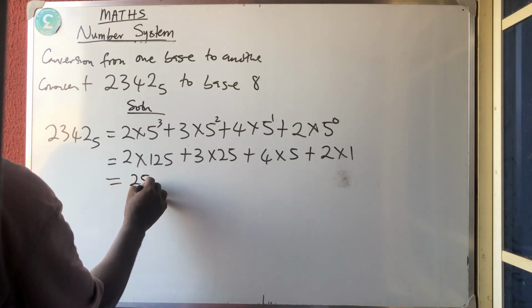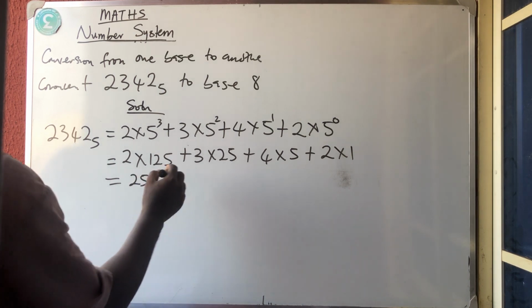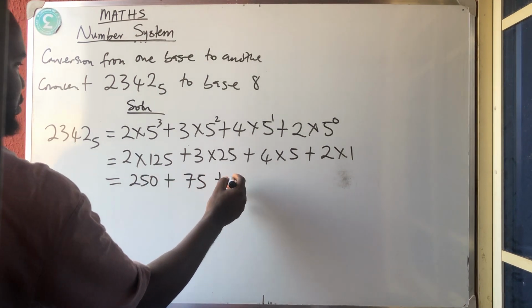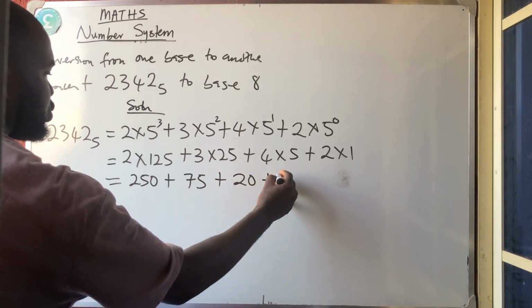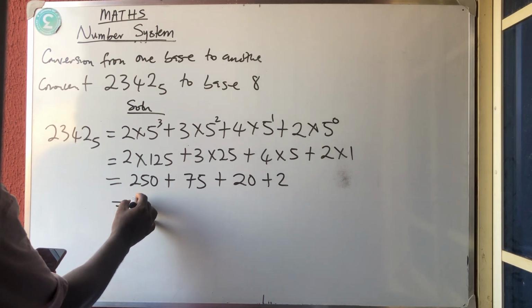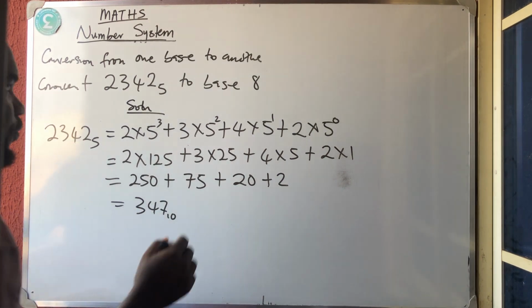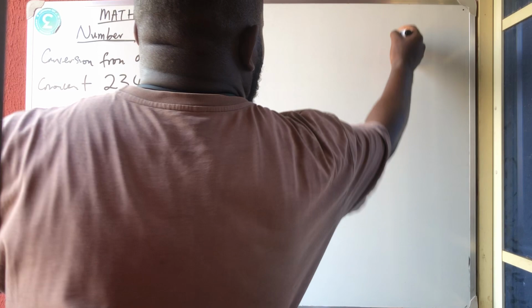I'm having 250 plus 25 times 3, 75, plus 20, plus 2. So I'm having 347 in base 10.